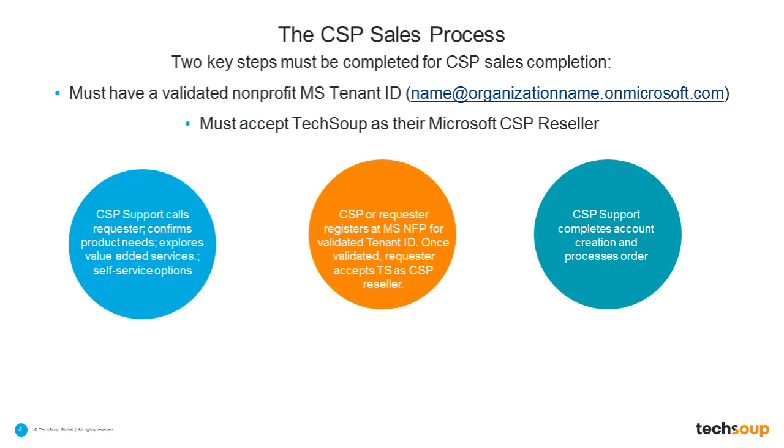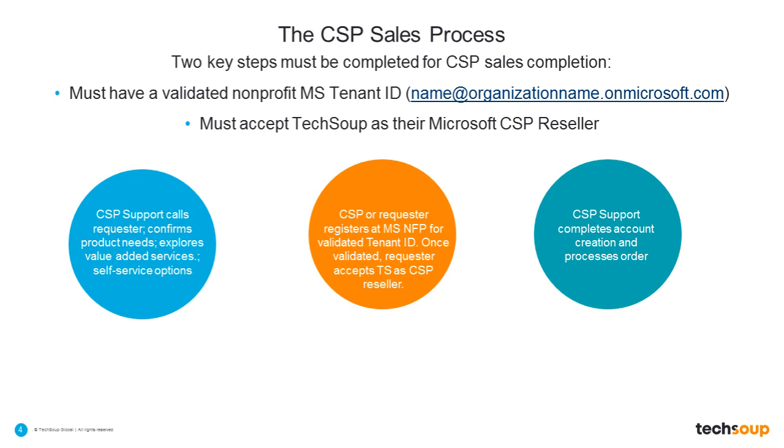At the bottom, you can see three bubbles on how this process flow works. First, CSP support, that's me or Ricky, would be contacting you via email or via phone, and we confirm the product needs with the requester. We explore several value-added services and the self-service options.